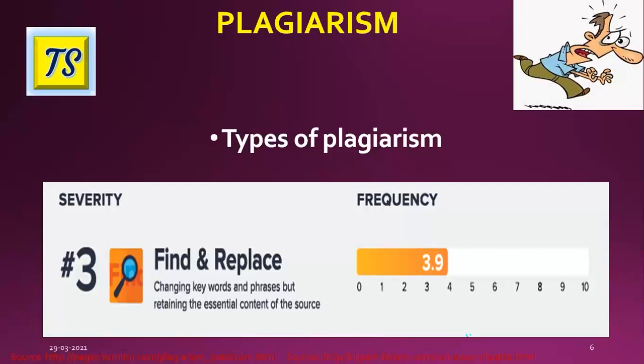You find some part in other sources, and some of the parts have been restructured by you as per your demands. What your research demands can be manipulated in others' work, for which we use the find and replace option. This is categorized under type 3. See the frequency, out of 10, it reflects 3.9.